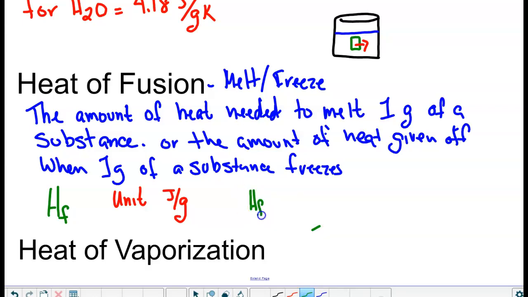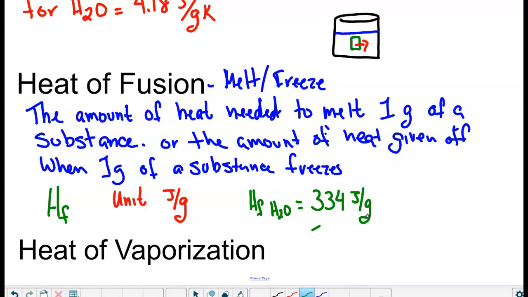Heat of fusion for water is equal to 334 joules per gram. So what that means is that if you had an ice cube that weighed 1 gram, it would take 334 joules to melt that. If you had an ice cube that weighed 2 grams, it would take twice that amount to melt that ice cube. Twice as much heat for twice as much mass.